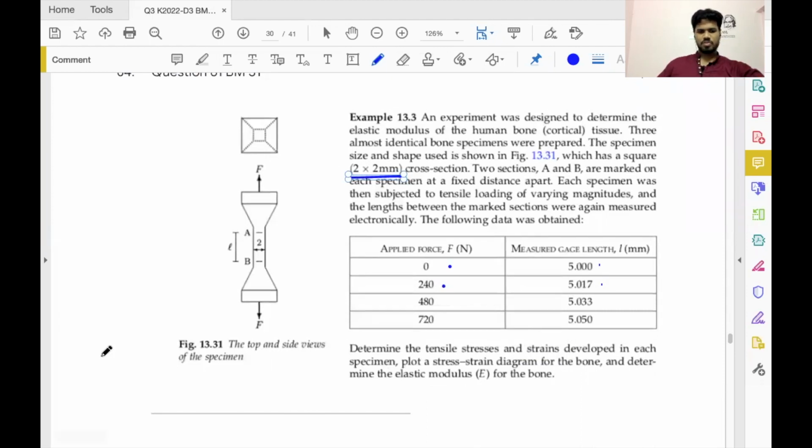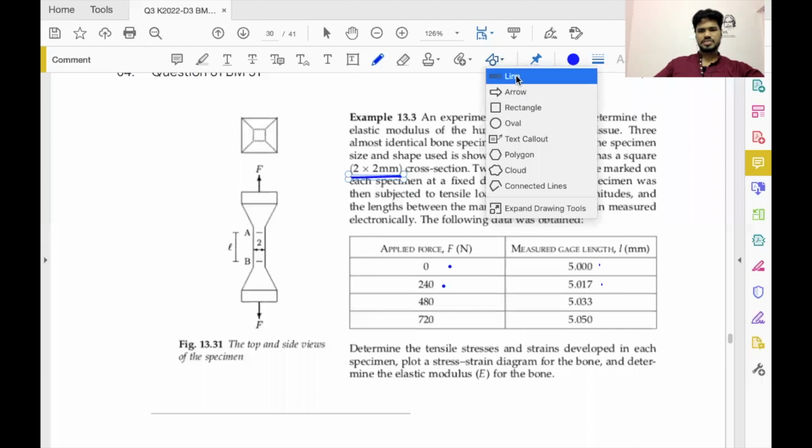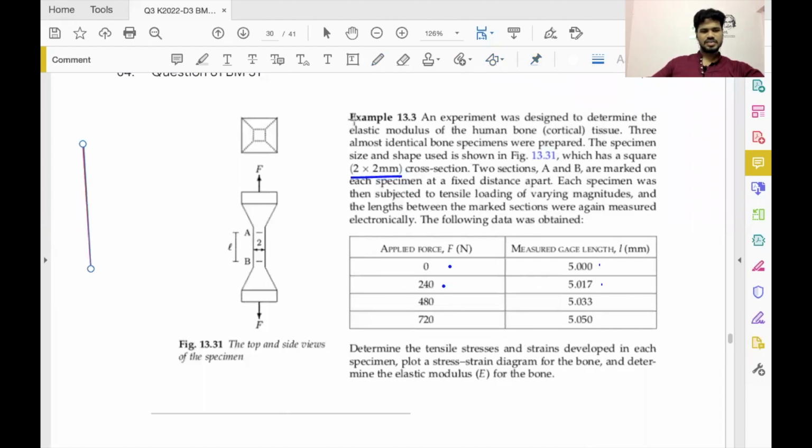Okay, you have to plot the stress strain curve. This is just to show how it's actually measured. So let's go ahead and do this. Determine the elastic modulus.